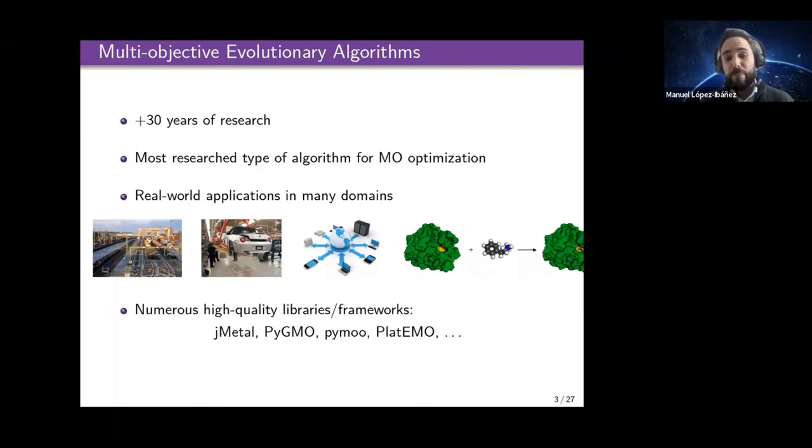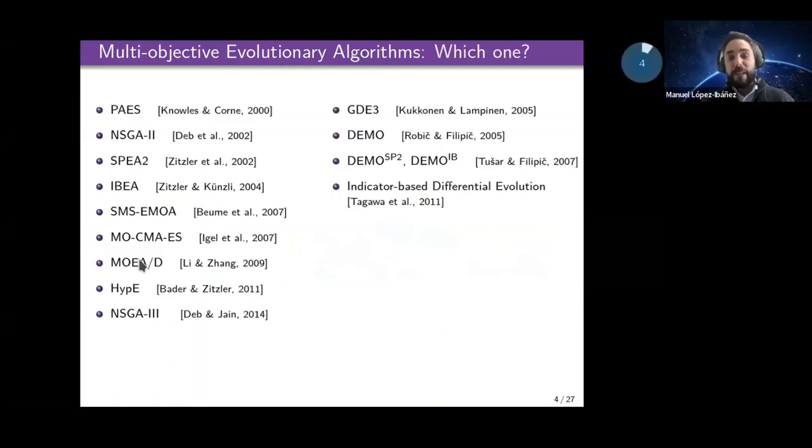They have many applications in real-world domains, and there are a large number of high-quality libraries and frameworks available where the algorithms are already implemented. For example, the PlatEMO library implements, I think, more than 100 such algorithms. And that is one of the issues. There are many algorithms of this type, and it's not always easy to know how to select the one that you want to use in practice.